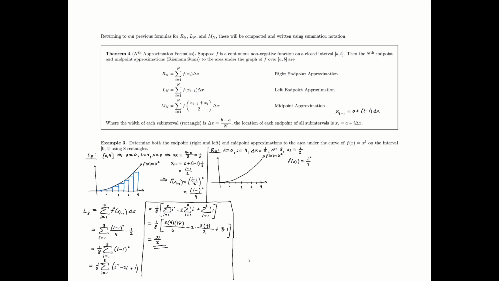So if we draw these rectangles, our pictures look something like this. Now you can compare the left and the right endpoints, and for this particular function, the right endpoint approximation provides an overestimate because we're taking into account these little areas here that overhang the function.